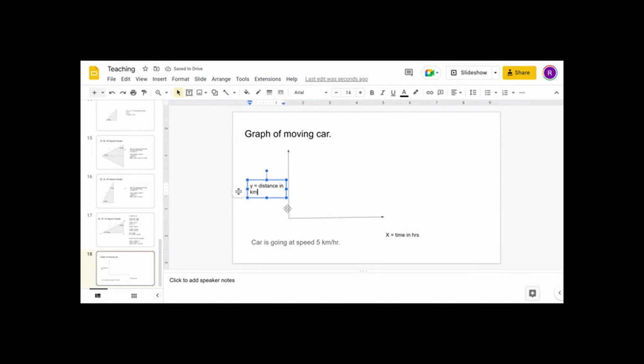So let's say you have markings here, 1 kilometer, 2 kilometers, 3 kilometers, like that, and this is 1 hour, 2 hours, 3 hours. So it'll be a line, and the slope of the line will be how much?